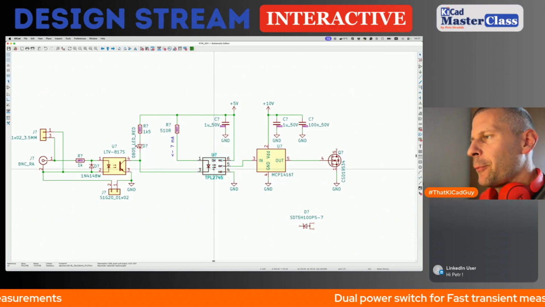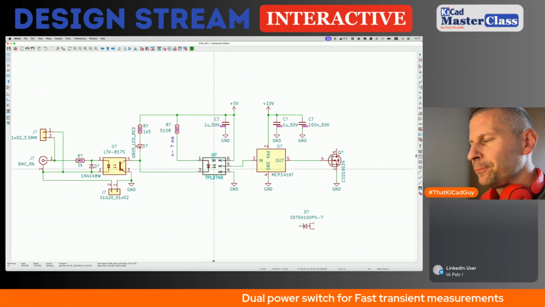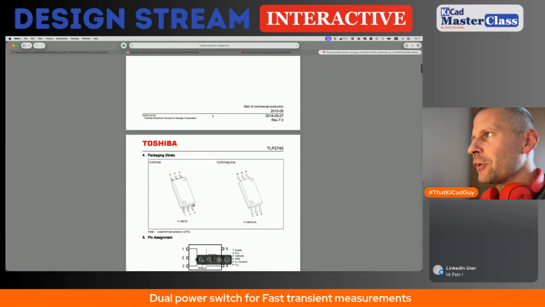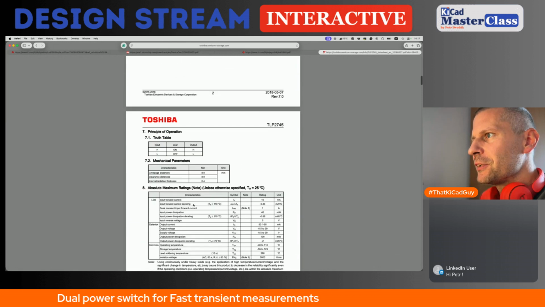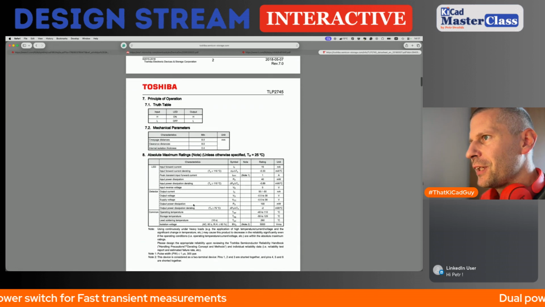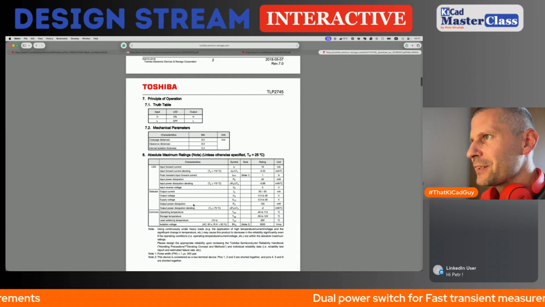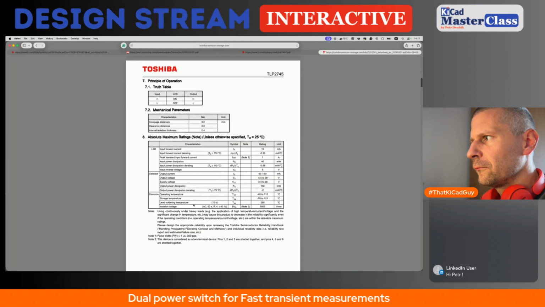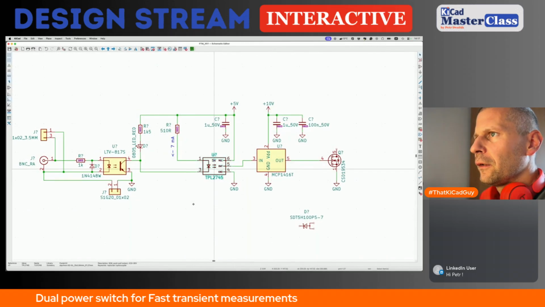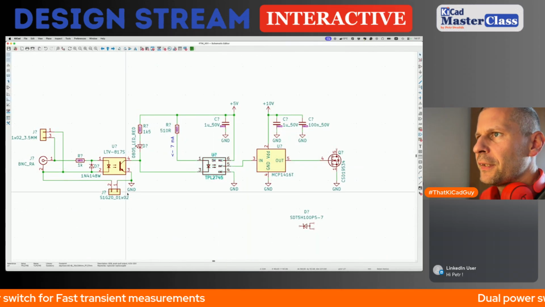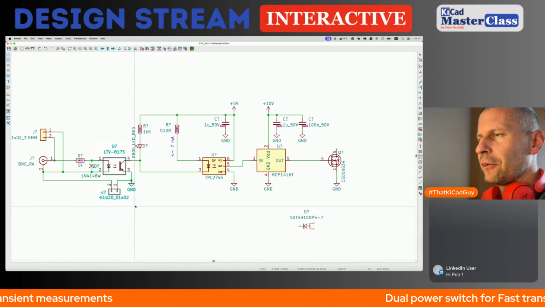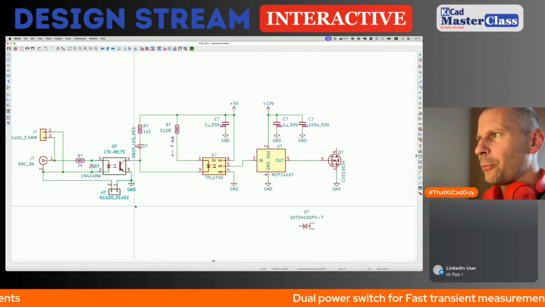This is why I previously used this digital optocoupler driver, because the driving capability of this optocoupler is quite high. Yeah, and this low-cost optocoupler is not.